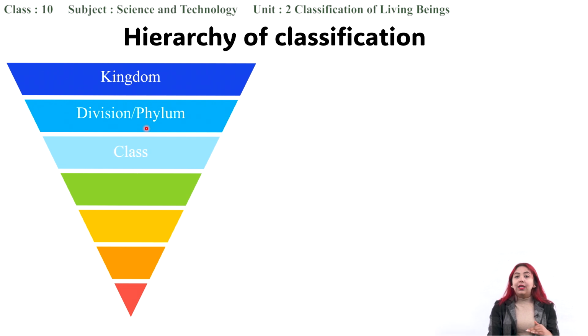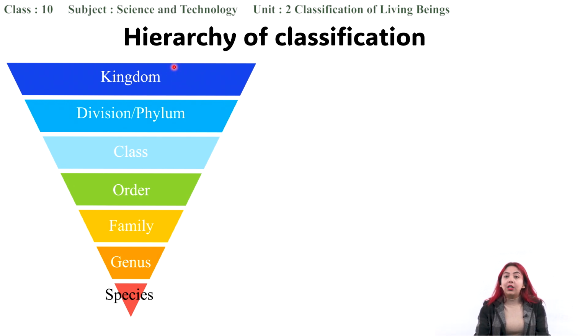Then we have the class, order, family, genus, then finally species. The kingdom consists of a large number of organisms, and the number of organisms belonging to a single species is very small compared to the entire kingdom. That's why we have an inverted pyramidal shape.